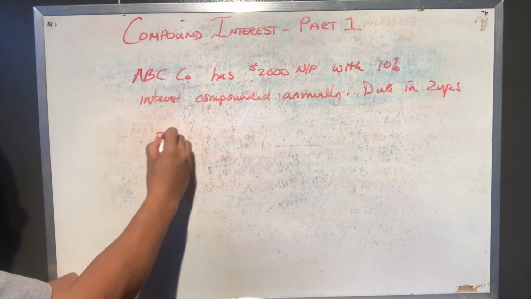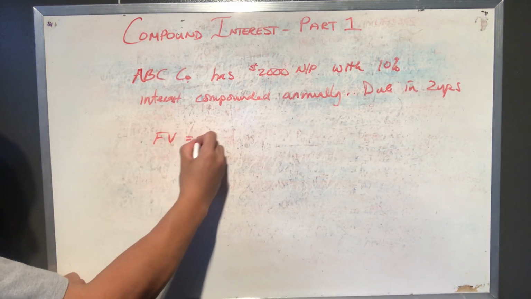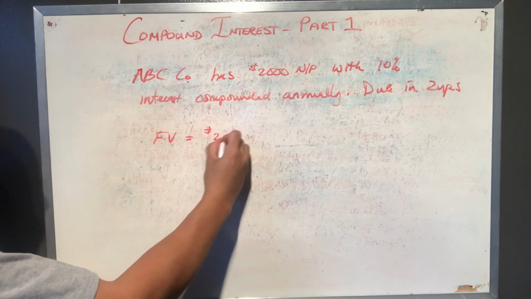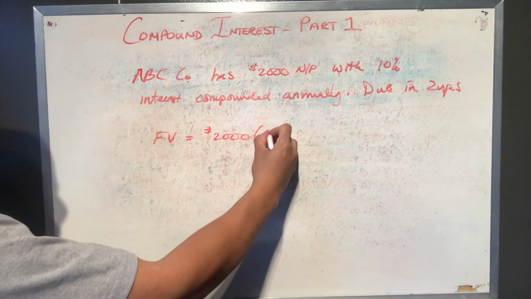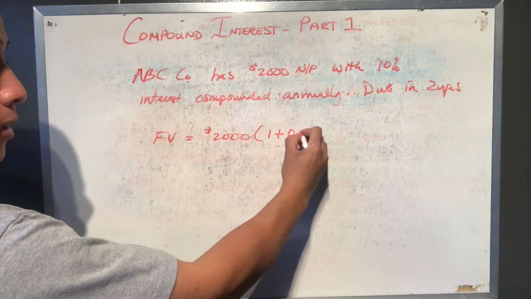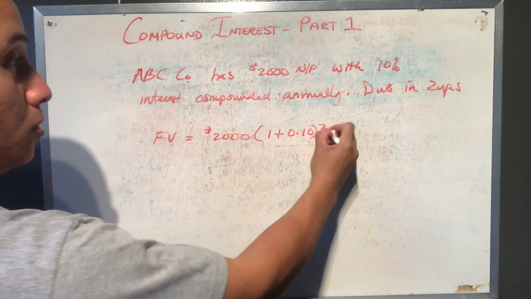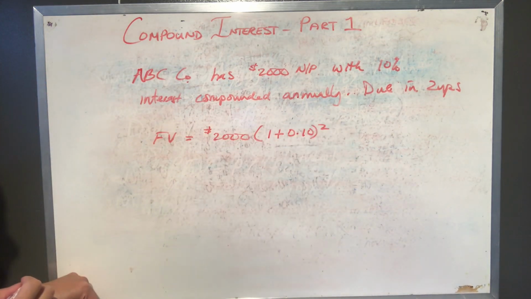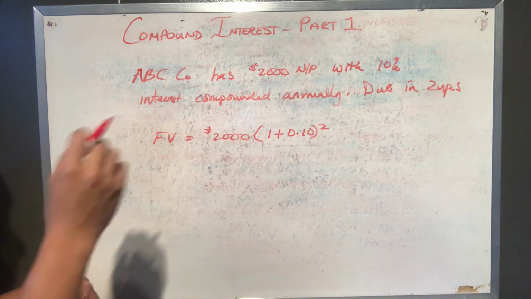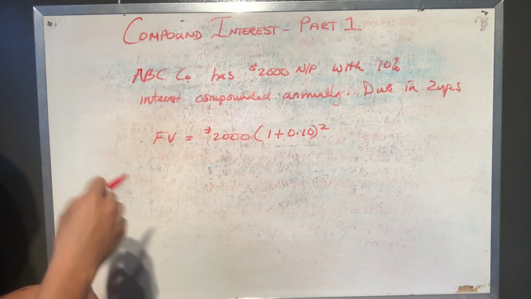So in this case, if we were to apply that formula, future value is the 2,000 single payment multiplied by 1 plus 0.10 to the 2. Since it's compounded annually and it's due in 2 years, the number of compounding periods is 2.